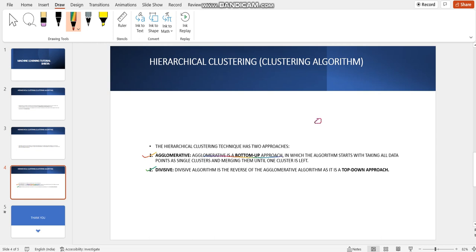Suppose we have these structures at a particular level. These are some parts of a machine, just taking an example. Suppose these are the components, or the structure, of a particular machine. After combining these three, we may get the whole machine, right? That is, the flow is from bottom to up, so it is called the bottom up approach.